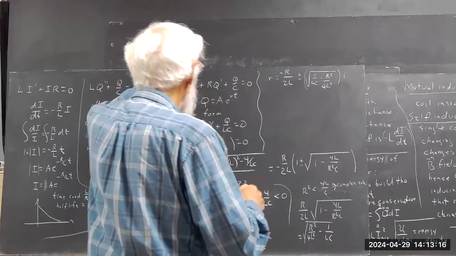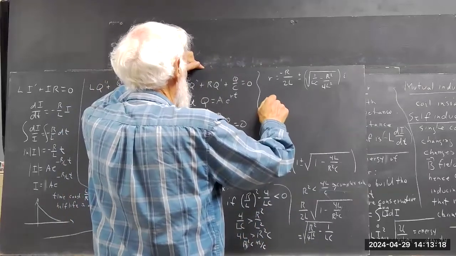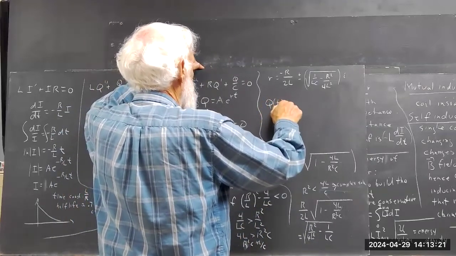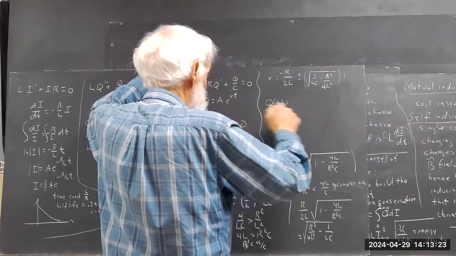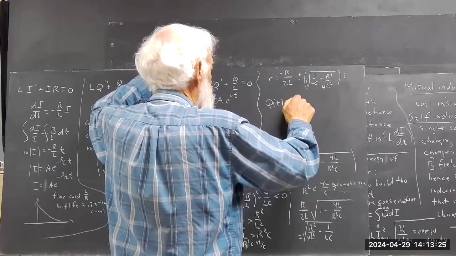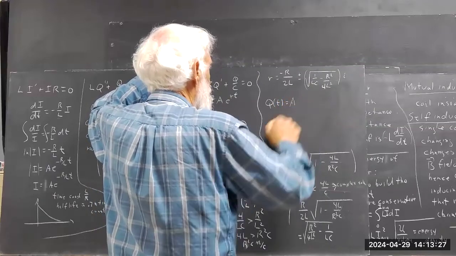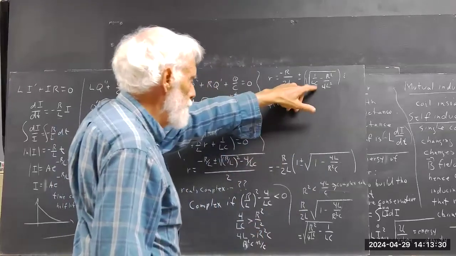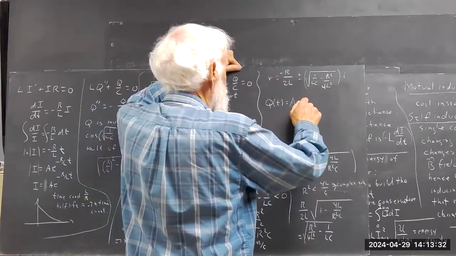So now our solution is Q of t equals some constant. I'll just call it A. We often use C for constant, but you've got capacitance, so we don't want to confuse things.